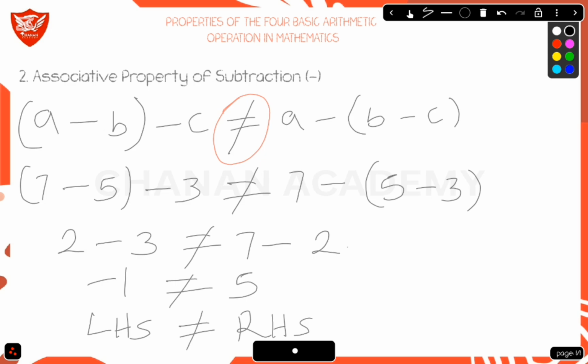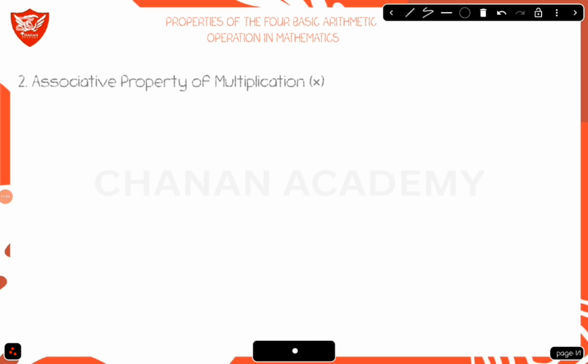Let's move on. The next one we'll be looking at is the associative property of multiplication. So let's check if multiplication is associative.